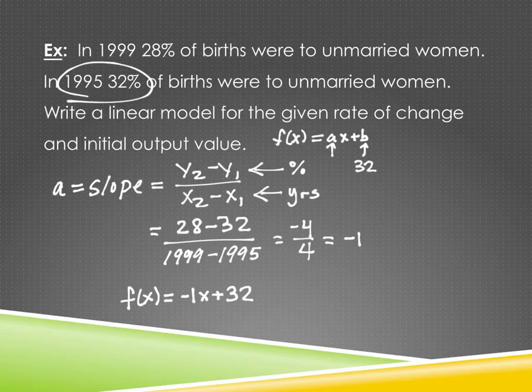That was all one part. What was the second thing it said that I should have? Output, including the units. What is the output of this function? Yep, it's the percent of births to unmarried women.